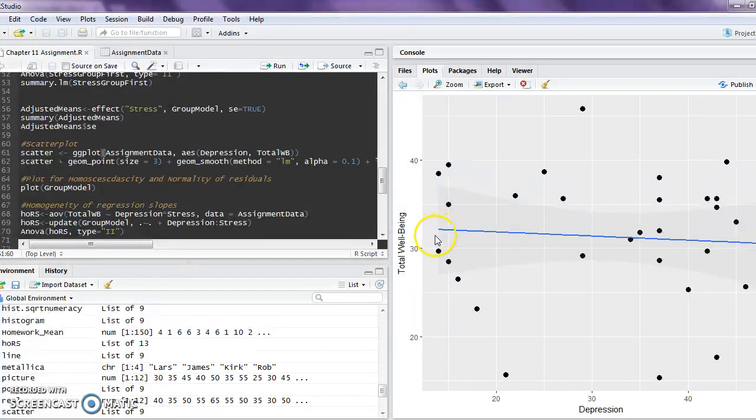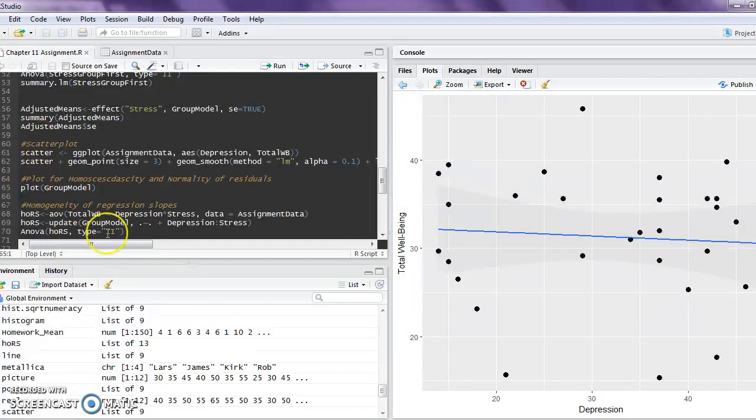What you see here is basically that as depression goes up, total well-being goes down, which is something you would obviously see when taking depression into account. You're not going to be completely up there, so your well-being is going to suffer. Alrighty.